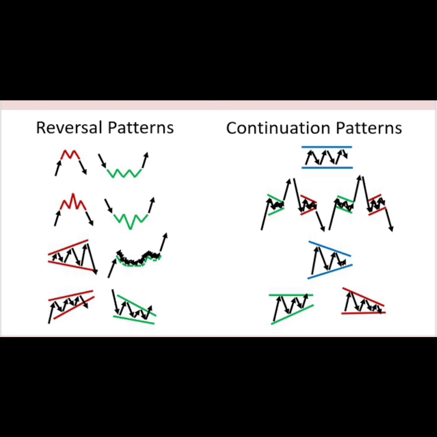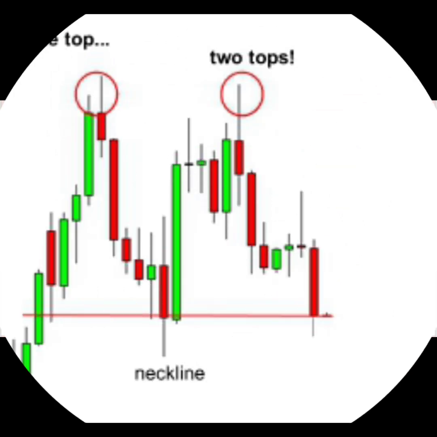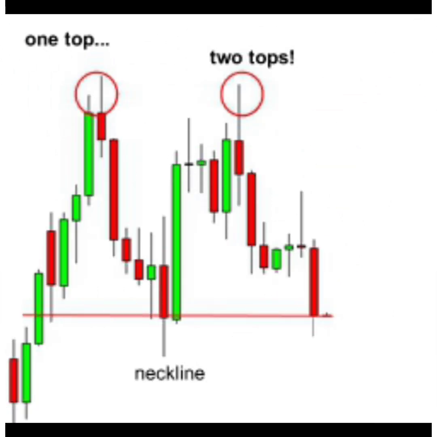Right about now I'm just going to start off with the reversal patterns. The very first one we want to talk about is what we call the double top. A simple explanation of the double top is that the price is moving in an uptrend, making a pullback, and then trying to make a higher high in the same uptrend but could not.